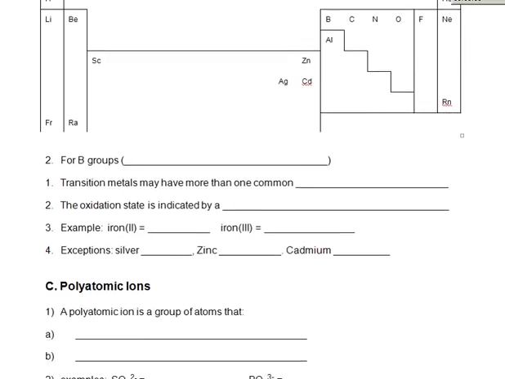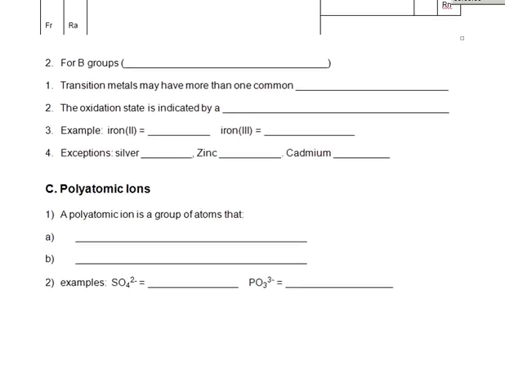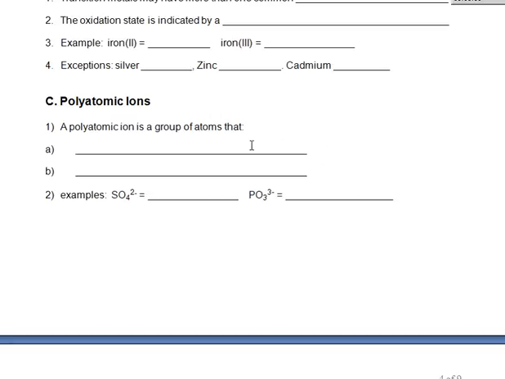And we're going to talk about something called polyatomic ions. Polyatomic ions are a group of atoms that act as a unit. In other words, they stay stuck together.